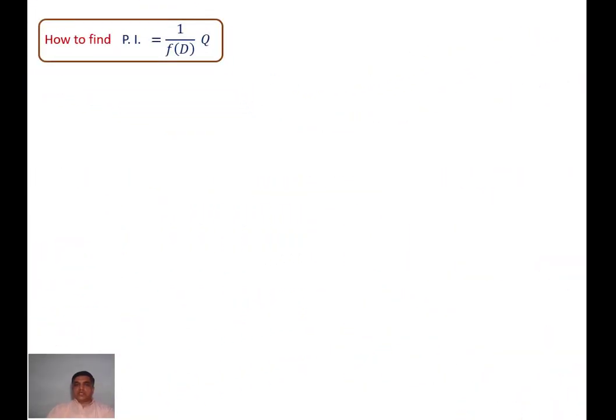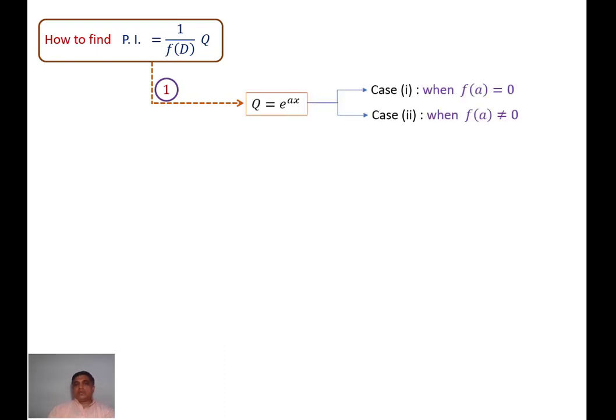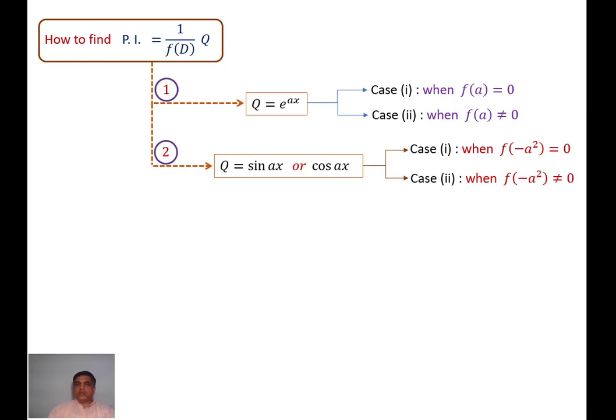So in this lecture we discussed the basic concept of particular integral with some important points. In coming video tutorials we will learn how to find particular integral. First, when Q is equal to e power ax. Second, when Q is equal to sin ax or cos ax. Third, when Q is a polynomial of x.